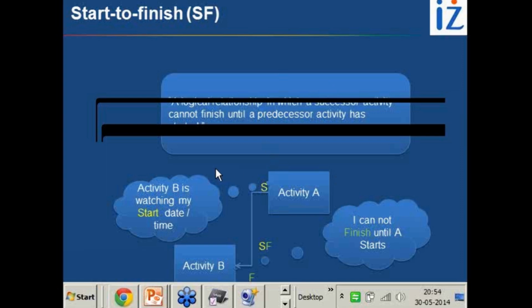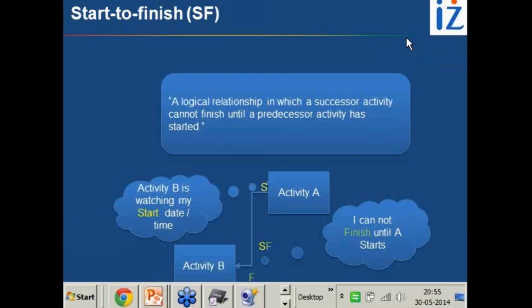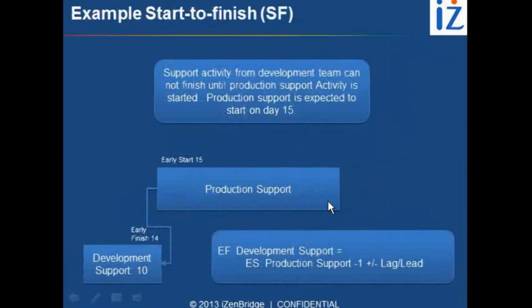It means activity B has to wait for activity A to start. So activity B cannot finish till the time activity A starts. It confuses because it looks like that. Let me take an example here. Development is finishing on day 14 and production support is starting on day 15.